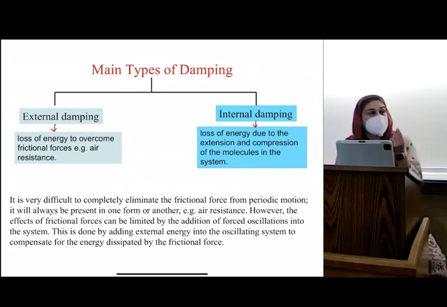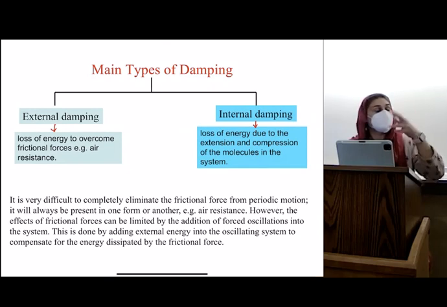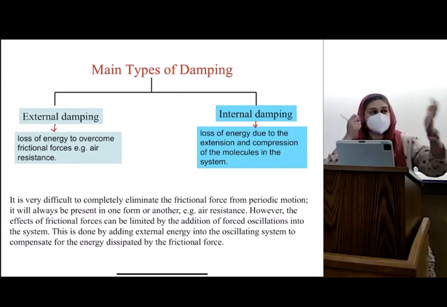Internal damping is very, very difficult to overcome once something has been built. It could be due to the molecules themselves, the thing you made your car out of, the molecules in the system, or it could be because something is being stretched against something else.